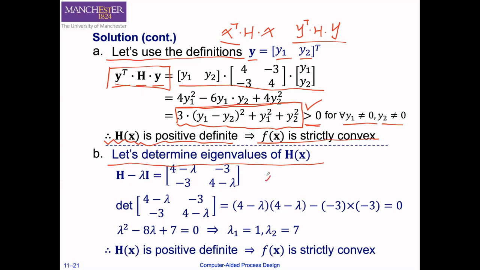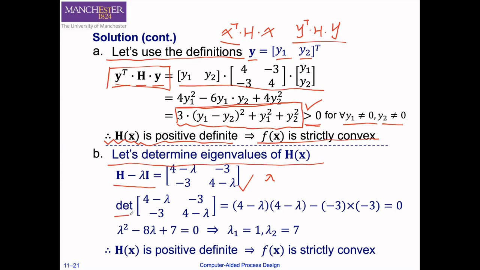We let lambda denote the eigenvalues of the Hessian matrix. We first calculate a matrix, which is the Hessian matrix minus lambda times the identity matrix. Then we can get this matrix.